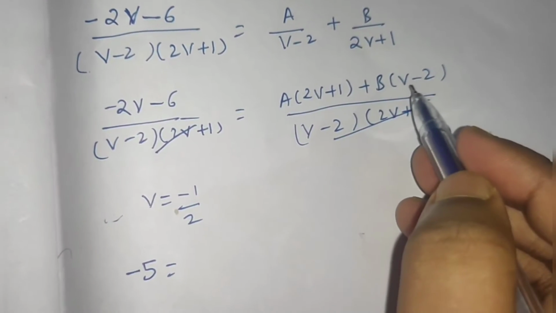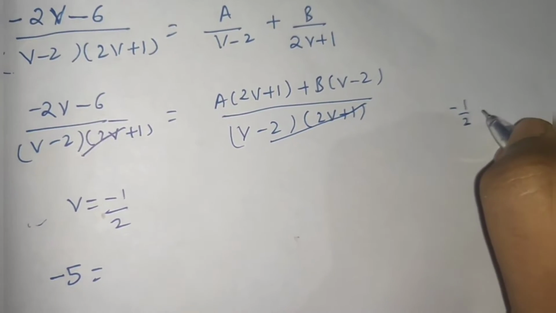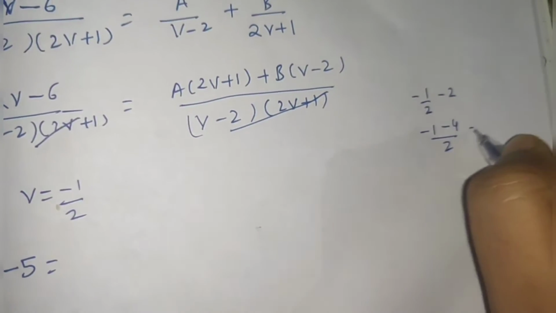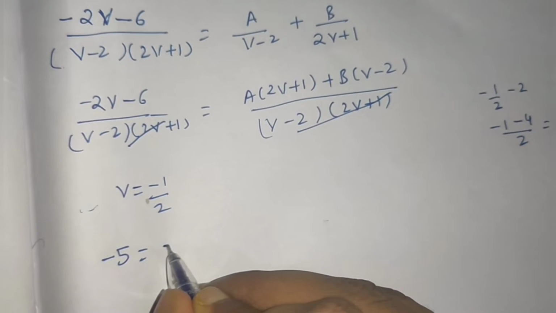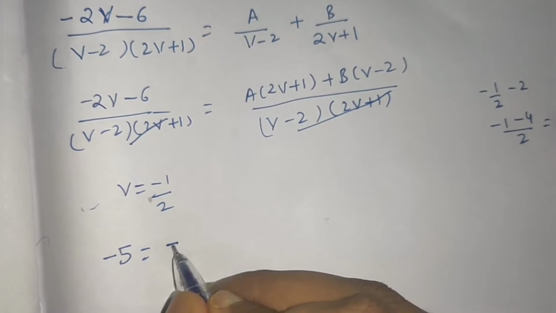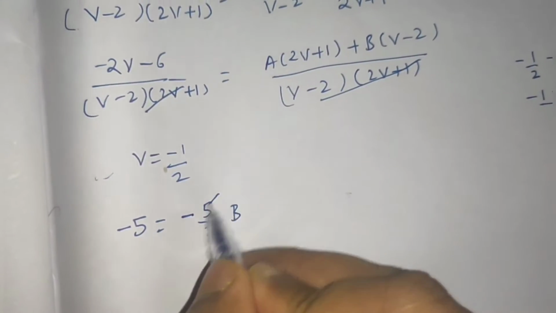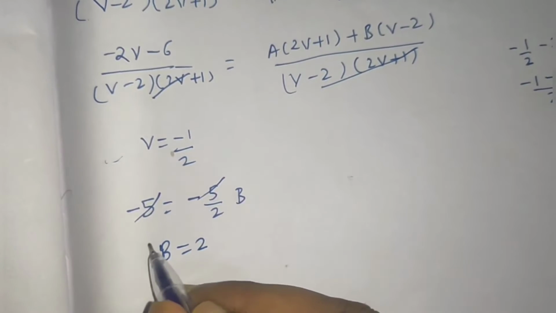This vanishes, and here minus 1 by 2 and minus 2. So minus 1 minus 4 by 2, which is minus 5 by 2. So equals minus 5 by 2 b. Okay, so minus minus cancel. So b you are getting as 2.